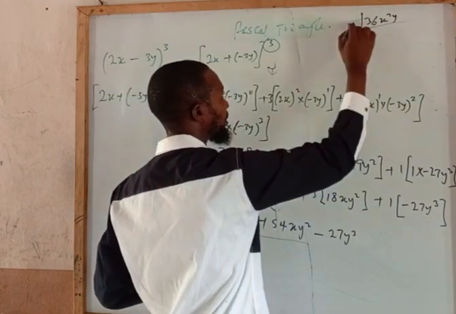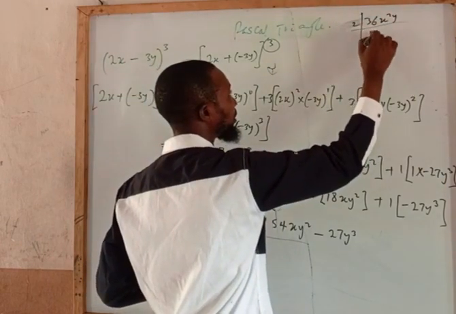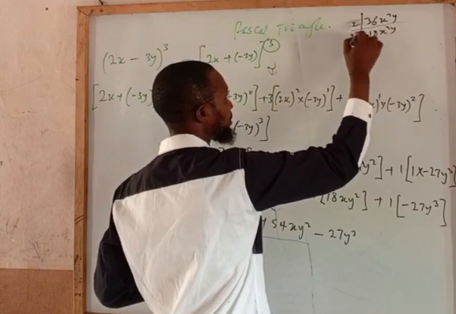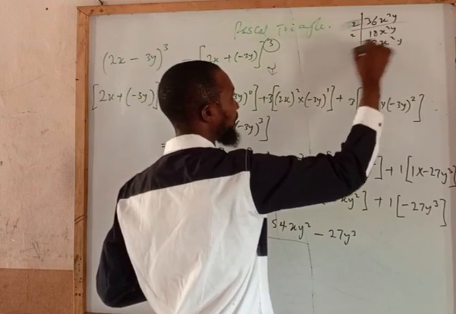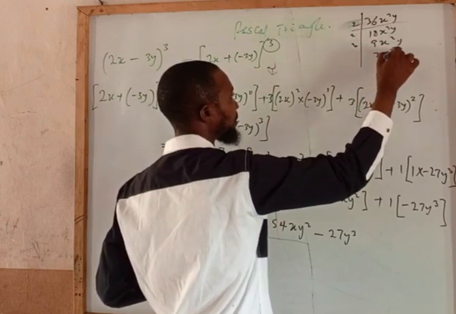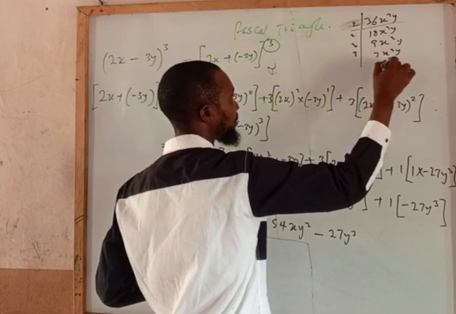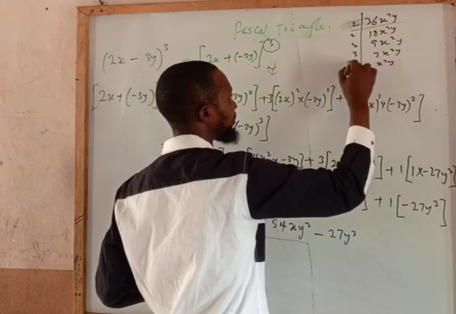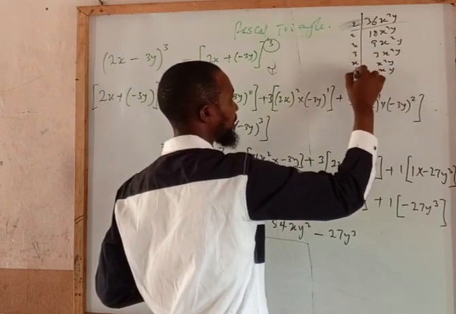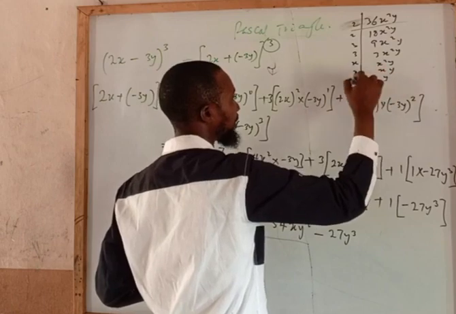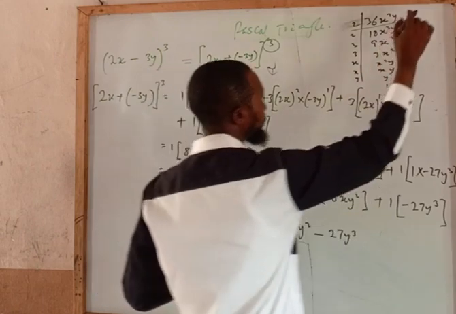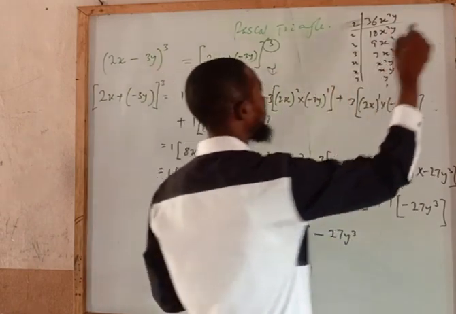If I break this down, 2 in this one gives 18x squared y, 2 in 18, 9x squared y, 3 in 9, 3x squared y, 3 in 3, x squared y, and x, xy, x again, y, and y gives 1. So I can do the same thing for my 54xy squared.